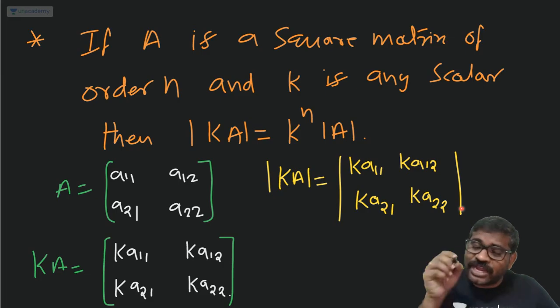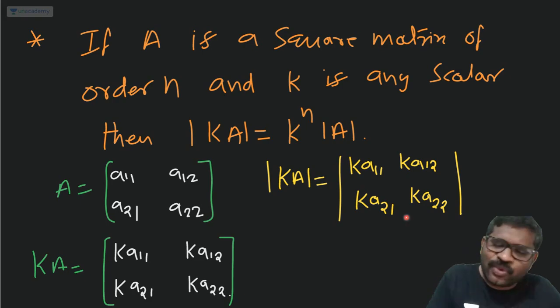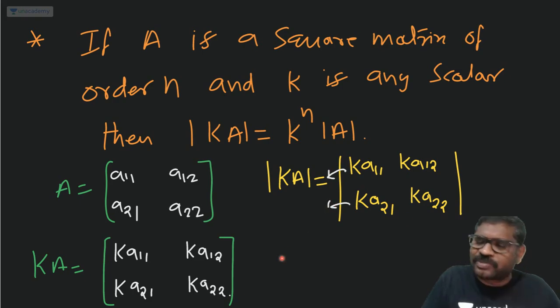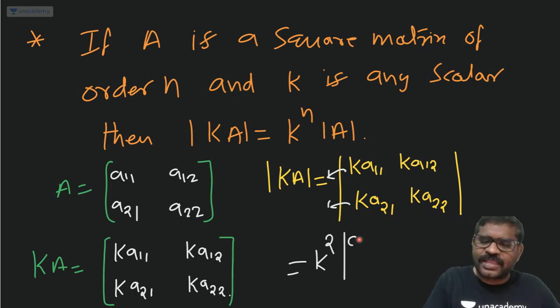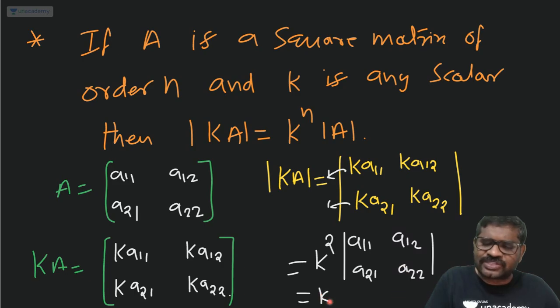If you would like to take an element common from a determinant, you have to take it common from each row. So you can take one K from the first row, one K common from the second row. K into K is K square. A11, A12, A21, A22. That is K square into det A.